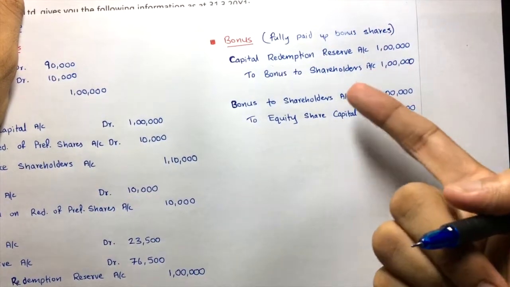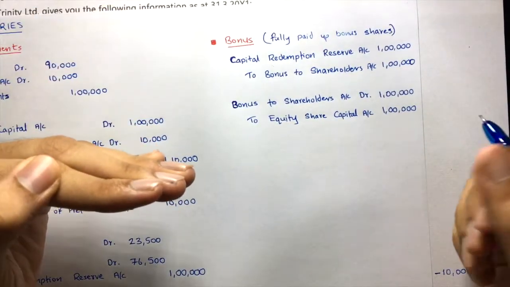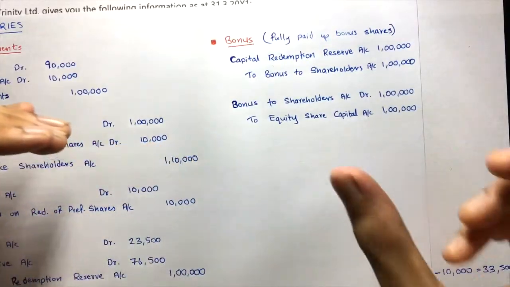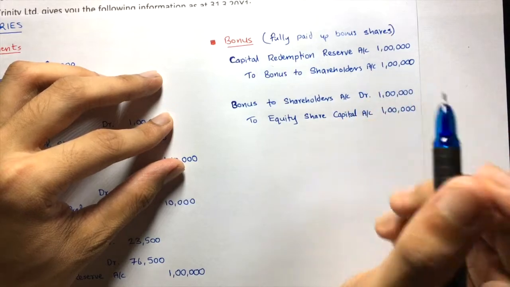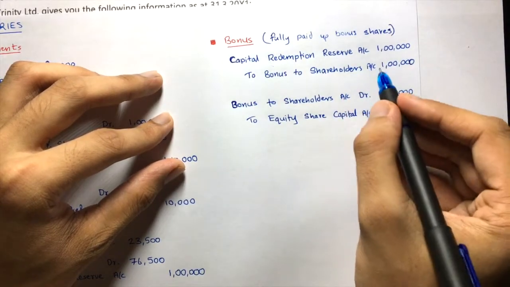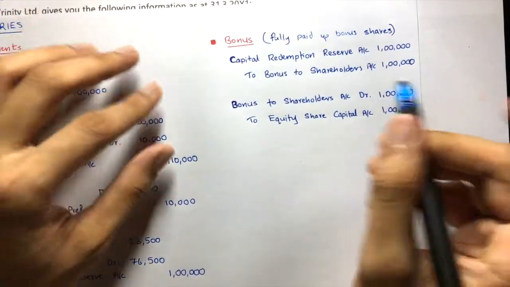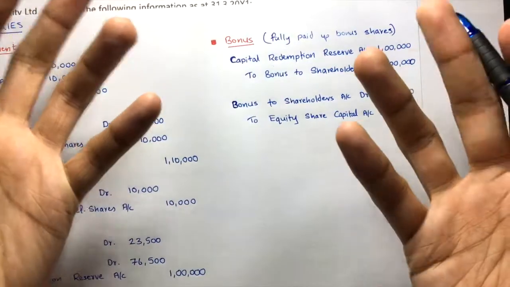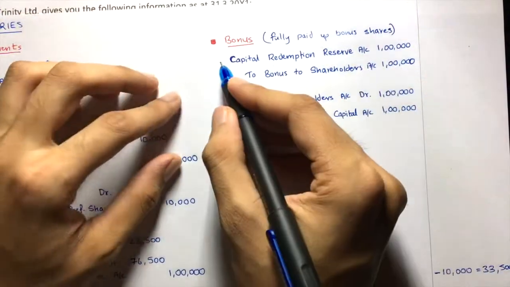When the bonus is announced, from the accounting perspective, reserves will fall, and then the money from reserve will be temporarily transferred to a temporary dummy account called bonus to shareholders account. This is also an equity account. Okay, the money is being transferred over there. So you are utilizing CRR, capital redemption reserve. So you will debit the capital redemption reserve because it has a credit balance. If you are utilizing, you are taking money out of CRR, CRR is decreasing. That means you have to debit that.